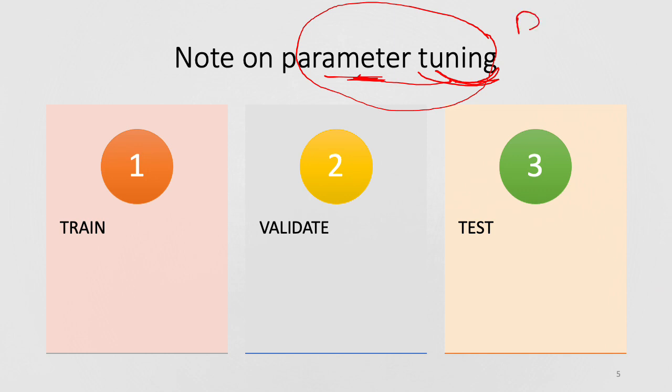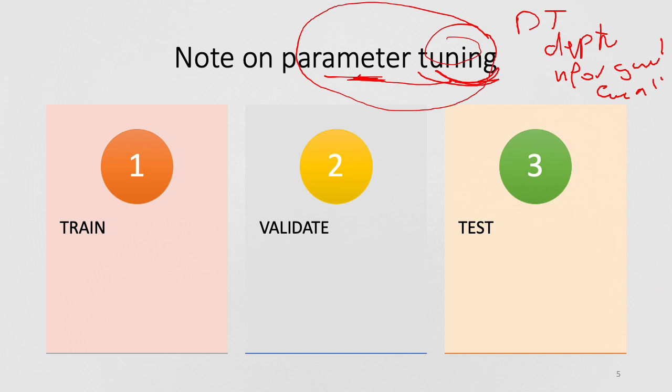For instance, for decision trees, we may want to choose the correct depth of the tree. We may want to change the metric that we're using to choose the attributes. Instead of information gain, I may want to use something else like Gini index or gain ratios. There are multiple parameters that we have to experiment with and fine-tune depending on our problem and our data set.